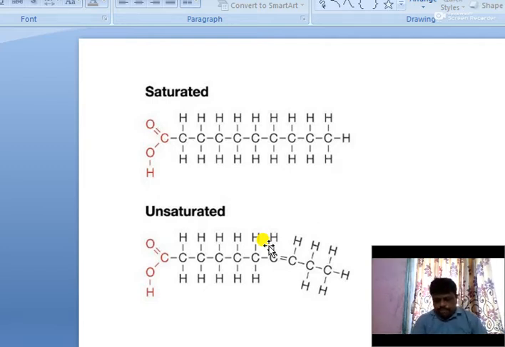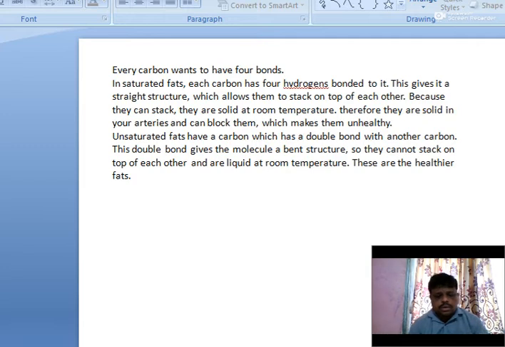Let us move towards one more thing, that is the compound lipids. These compounds are also esters of fatty acids containing other groups like the phosphate and the sugar.